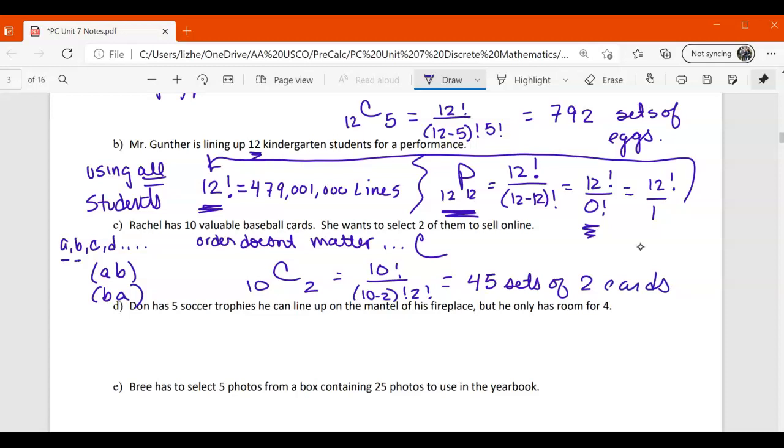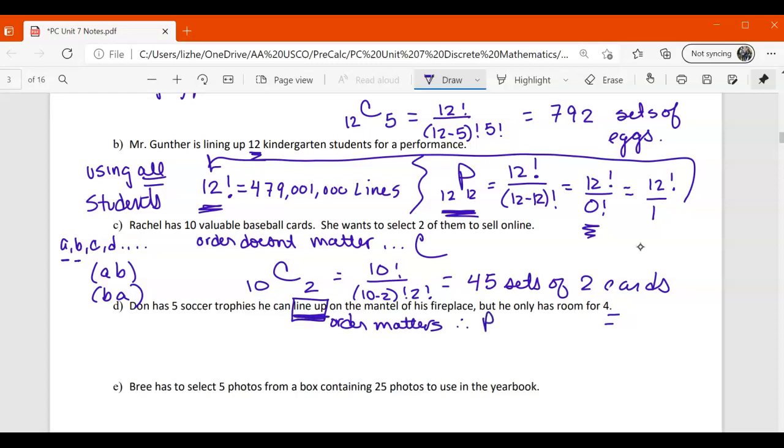All right, D. Don has 5 soccer trophies he can line up on the mantle of his fireplace, but he only has room for 4. The idea of lining something up is that you would put your most important one first, and then the second most important one, and the third most important one. And so that says that order matters, and therefore we would say it's a permutation.